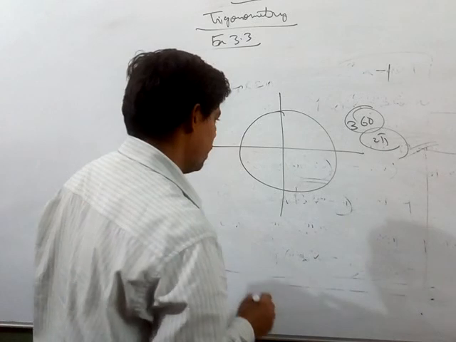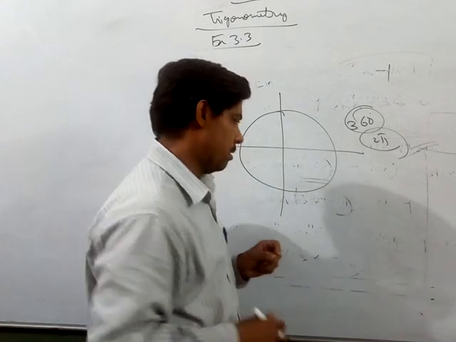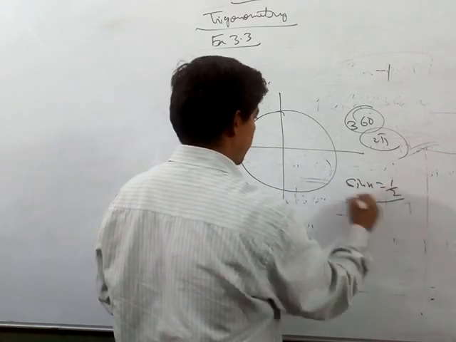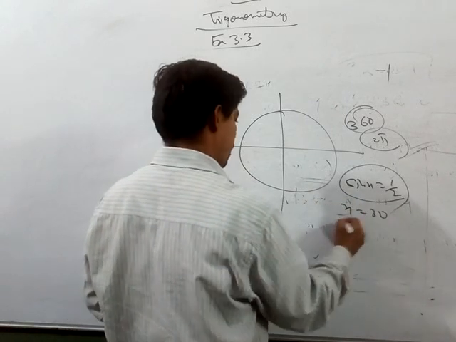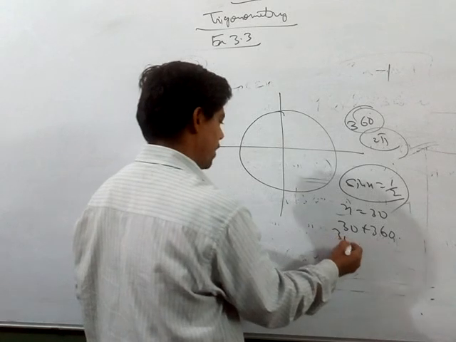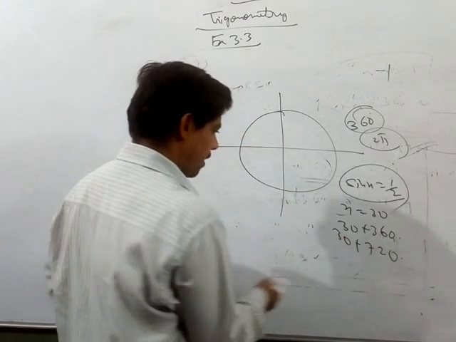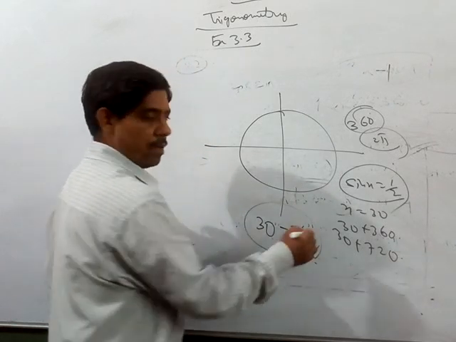So a particular answer will come again and again for many angles. For example, if you say sin x is equal to half, now x can be 30 degrees or x can be 30 plus 360 degrees or 30 plus 720 degrees and so on, or this can be the same as 30 minus 360 degrees also, and so on.